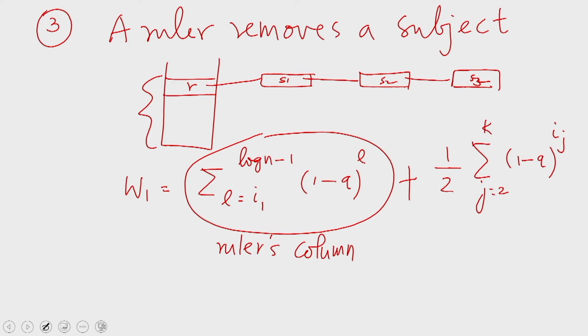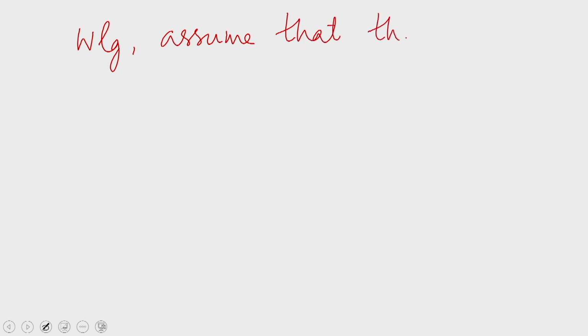So, this is the total weight of the system initially, the total weight of the ruler's column plus the weight of these subjects. All these subjects have lost half their weights. So, all that they have now are half their original weights. So, here we assume that the ruler removes a subject. So, let us, without loss of generality, assume that the subject with the largest weight is removed.